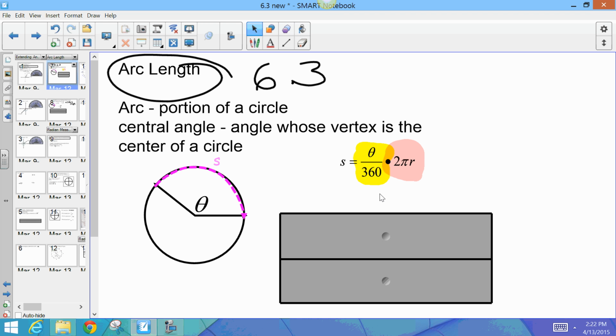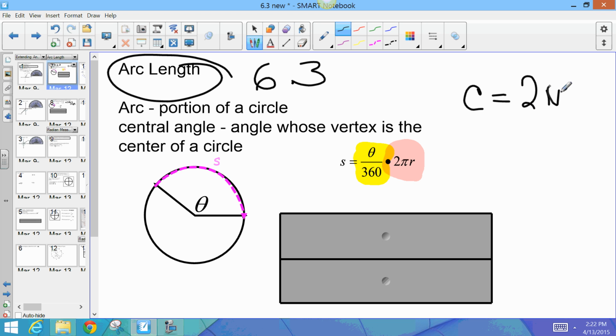Once I know that ratio, I multiply it by the formula for the circumference of a whole circle, which you know is 2 pi r. So if you multiply the ratio of the central angle to the whole circle with the circumference of a whole circle, you should have the length of just this pink part.